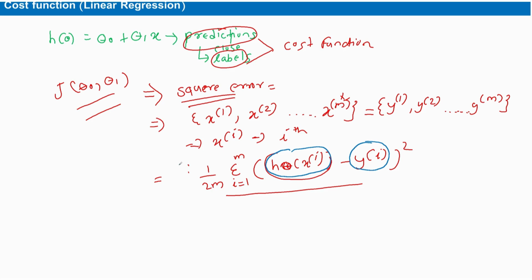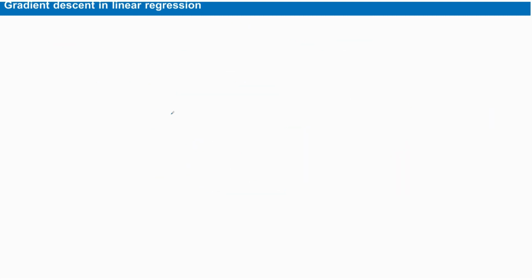The square error function formula is 1 upon 2m of summation of i equal to 1 to m of h of theta xi minus yi, whole square. So this is the cost function for linear regression. Let's move to the next topic, which is gradient descent in linear regression.